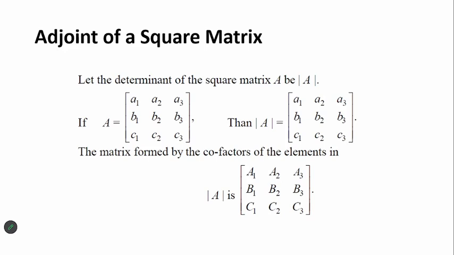This is very important, students, because nearly 50% of students, when I ask them to calculate the inverse, find the minors, find the cofactors, and then straight away divide the cofactor matrix by the determinant. They forget to take the transpose and convert it to the adjoint matrix before dividing by the determinant.